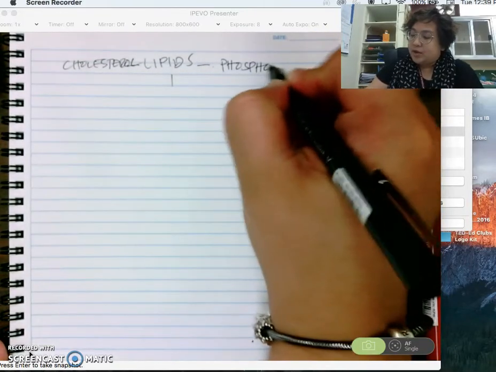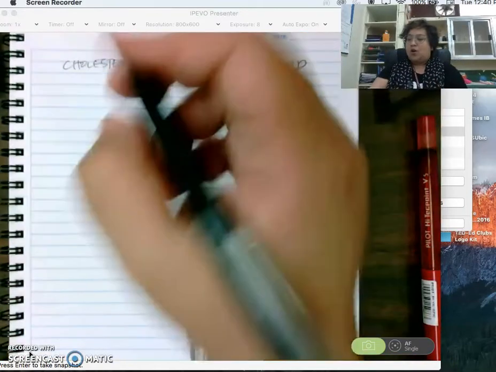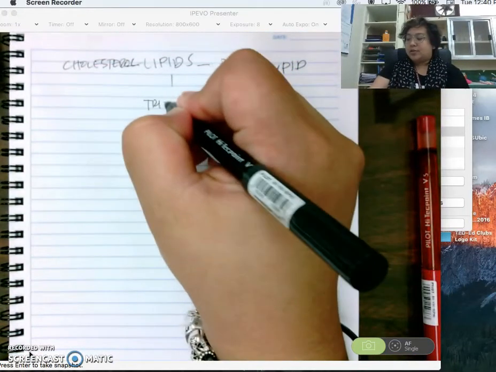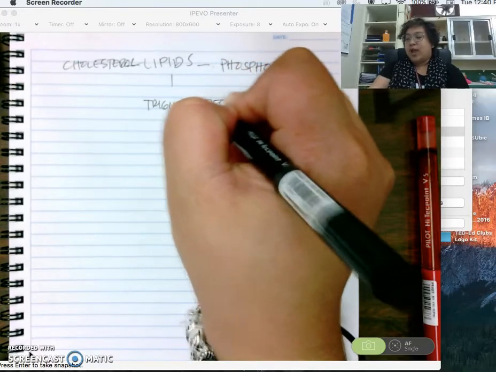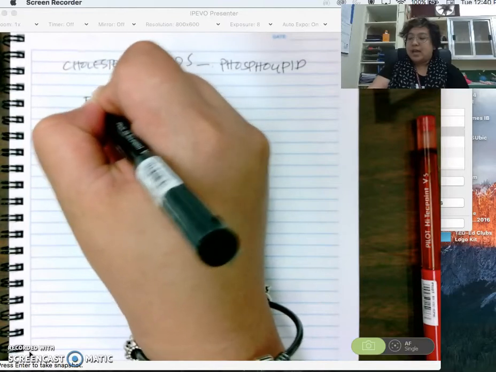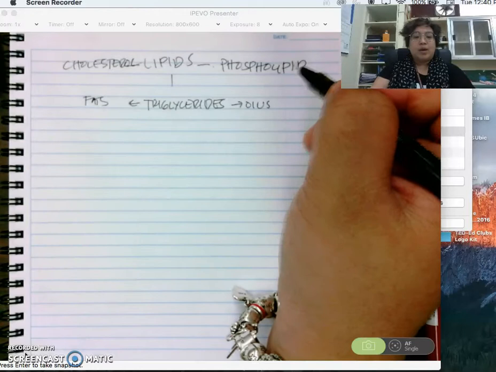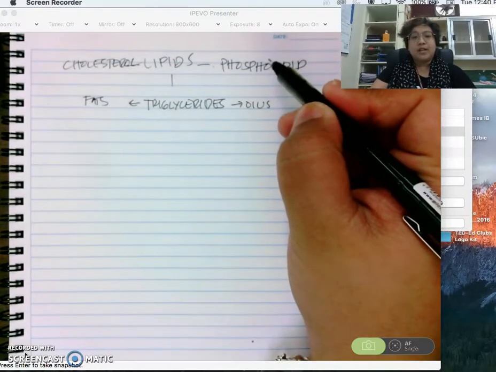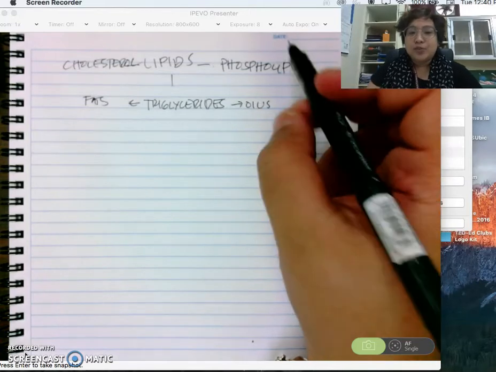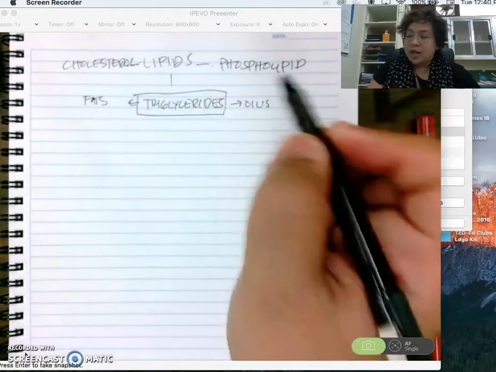But for this unit, we will only be concentrating on triglycerides. Triglycerides, also known as fats and oils. We will talk about phospholipid when we reach the topic of the cell membrane. So for this 2.3, we just want to focus on triglyceride.